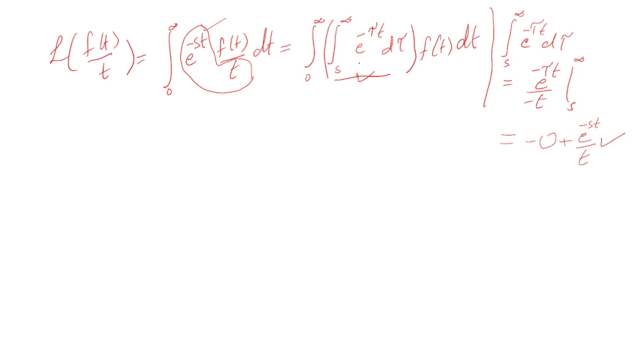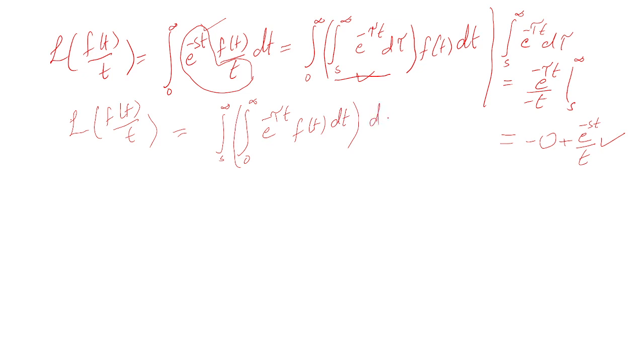Now we have to switch the integration of t and tau. This is the Laplace transform of f of t over t, equal to, we take the integral of tau outside and the integration of t inside. So this is e to the minus tau t f of t dt, and the tau integral we take at the last.